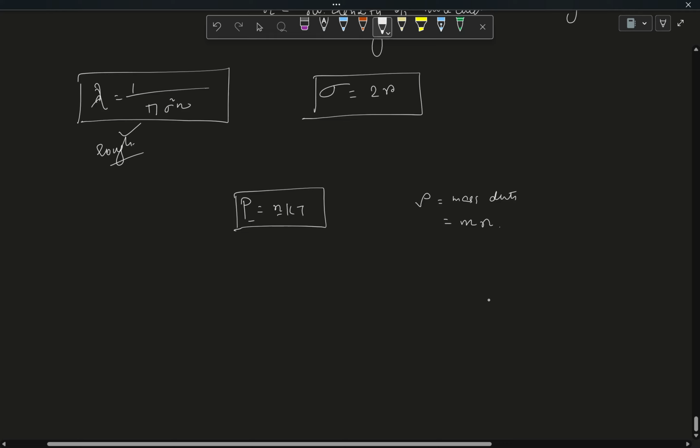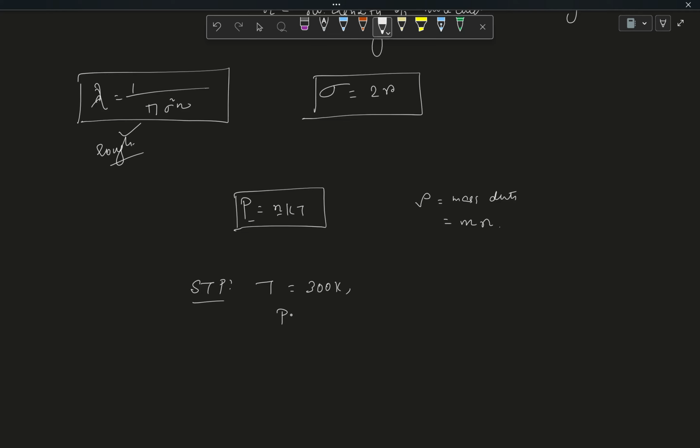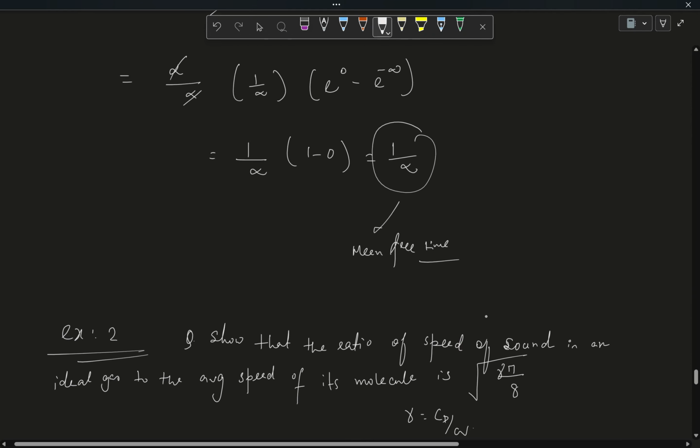And what else? I think these are most of the equations that we have covered till now. And standard temperature and pressure: if this is mentioned and nothing else is mentioned, that means T equal to 300 Kelvin and pressure is equal to 1 atmosphere, which in SI units is 1.013 into 10 to the power 5 Pascal. So these are the things that are necessary.